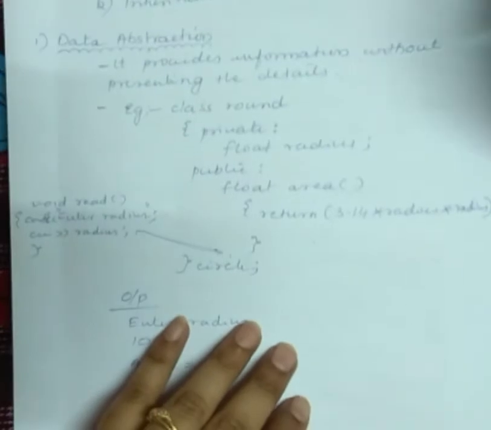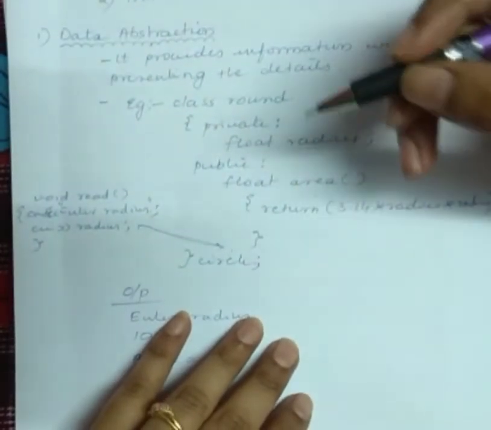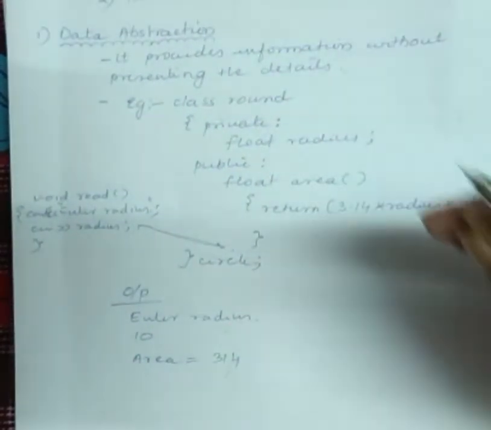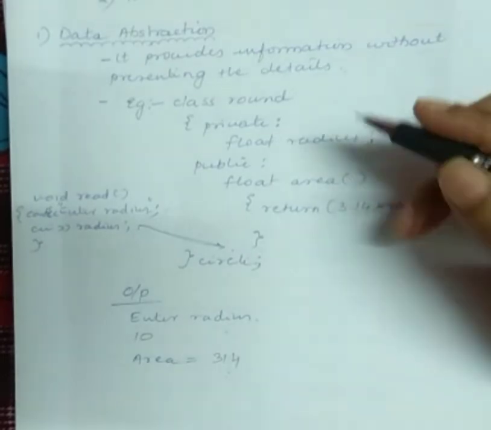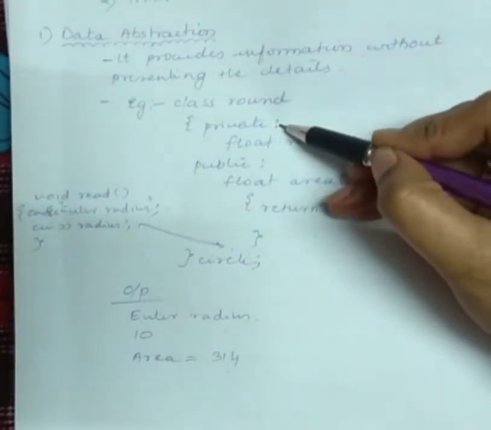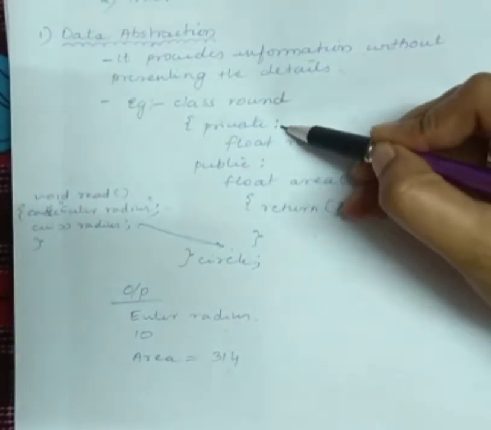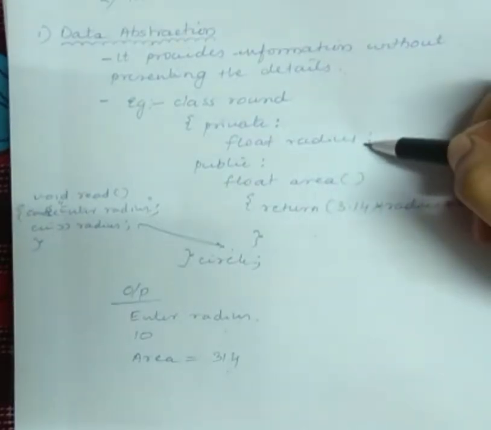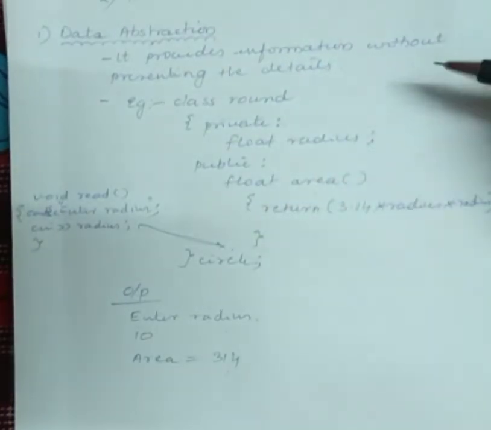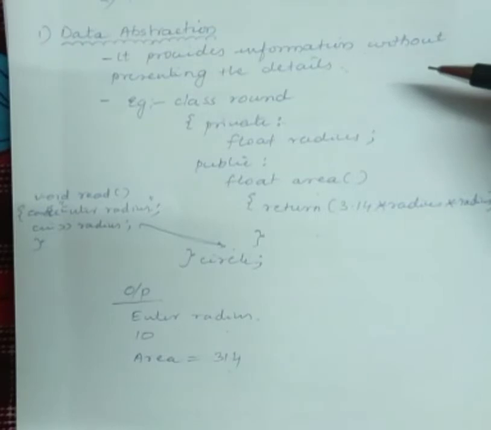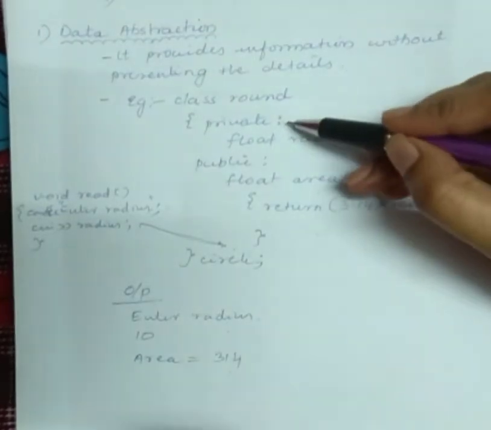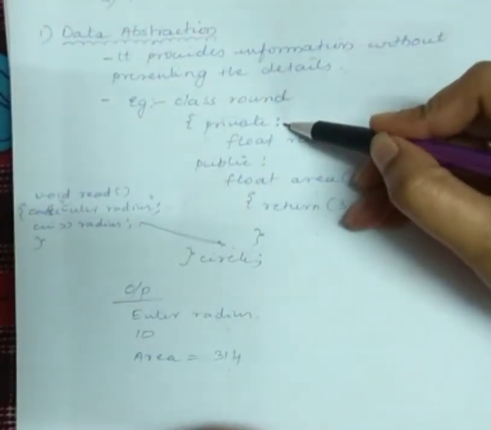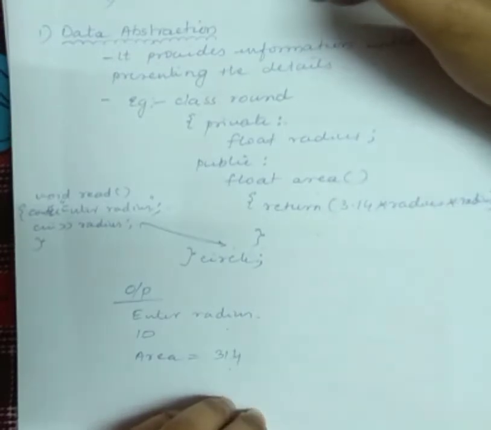Data hiding means hiding the information from the outside world. Here you know that there is a private member. This private member is not accessible from outside of this class. With the help of access specifiers, you are providing the feature known as data hiding.